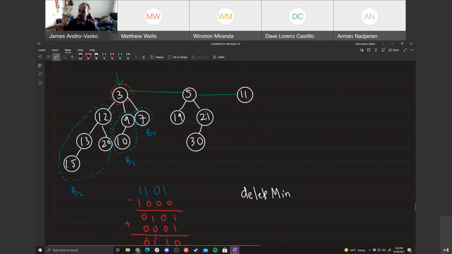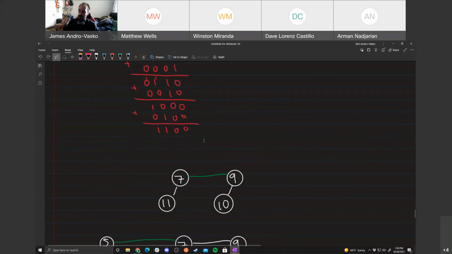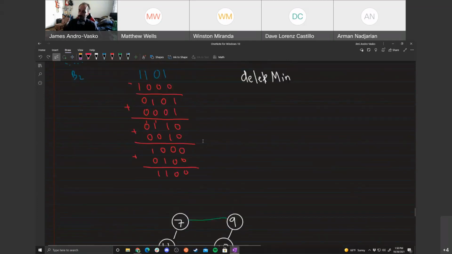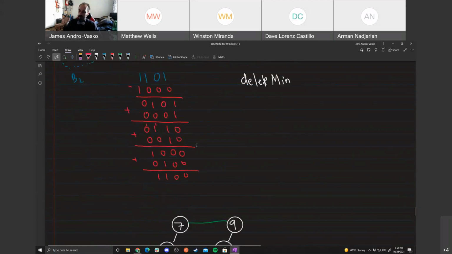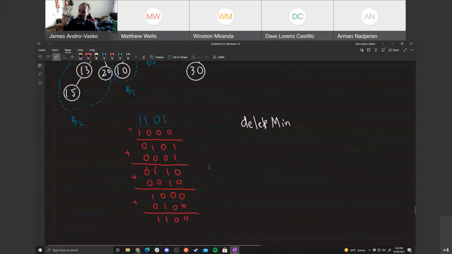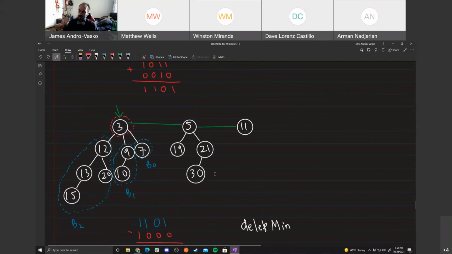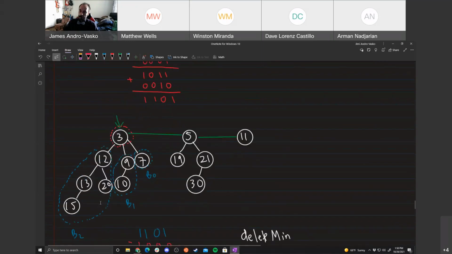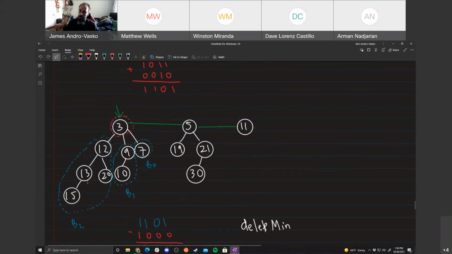I first had to merge the 7 with the 11, like that. Then we had to merge that with the 9 and 10, create that. Then we had to merge that with this one, create that giant tree. And then we simply merged this B2 at the very end.